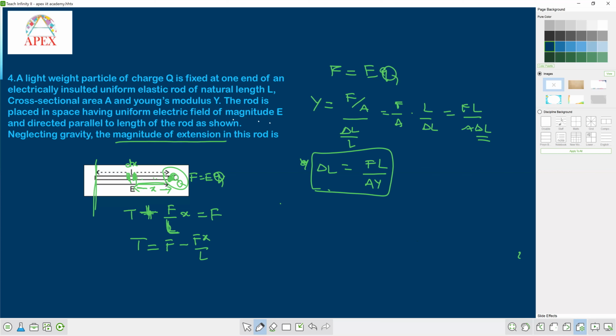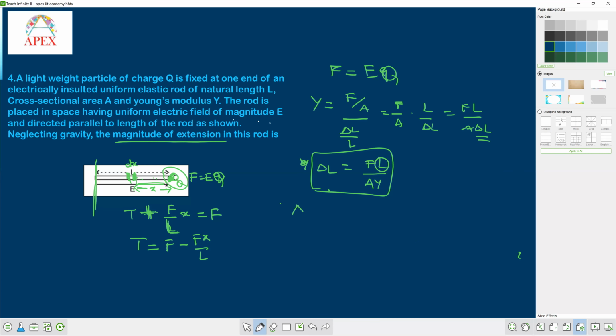F is changing from one part to another. The expansion occurs because of the whole rod, not due to a single point. So you have to take a small element dx for the formula. For dx length, you have to see the extension.